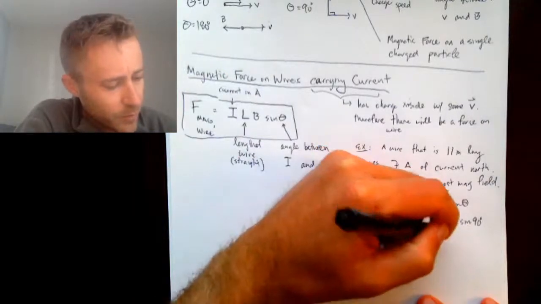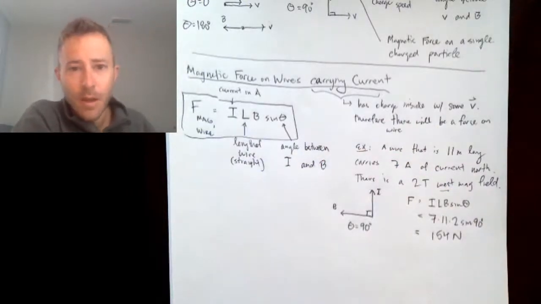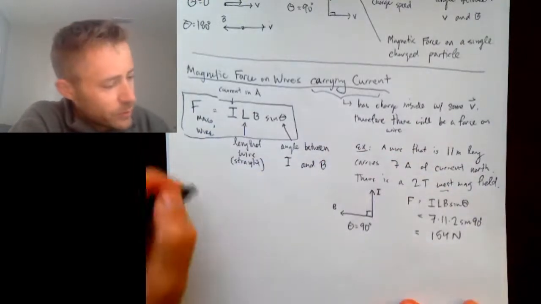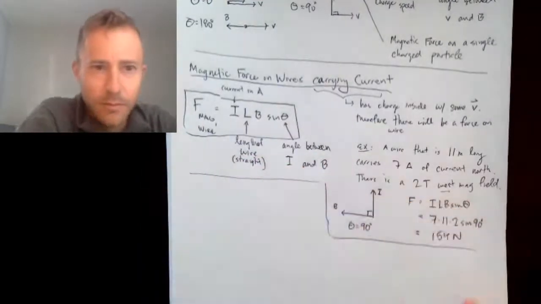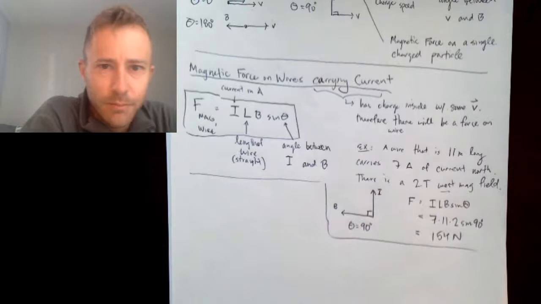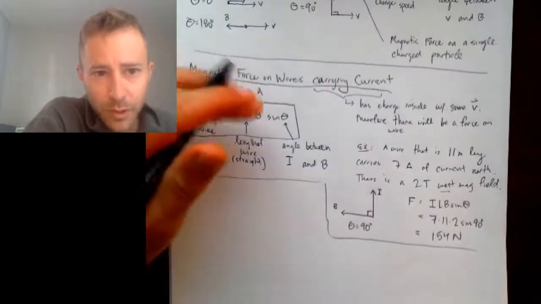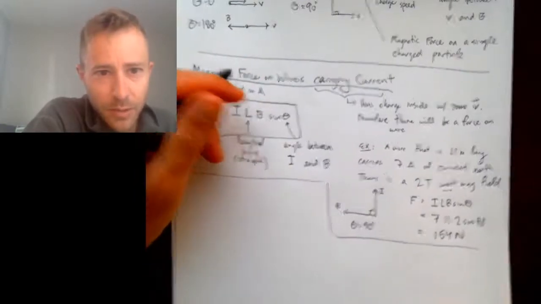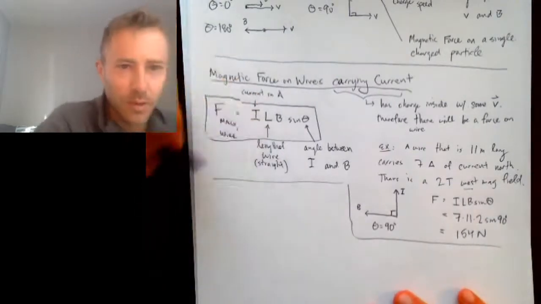I believe 154 newtons. Okay? That's not really that much more difficult than for a single charge. This is just an extension to that. What is a little bit trickier about magnetism is determining the direction of the magnetic force. So that's what we're going to talk about now.